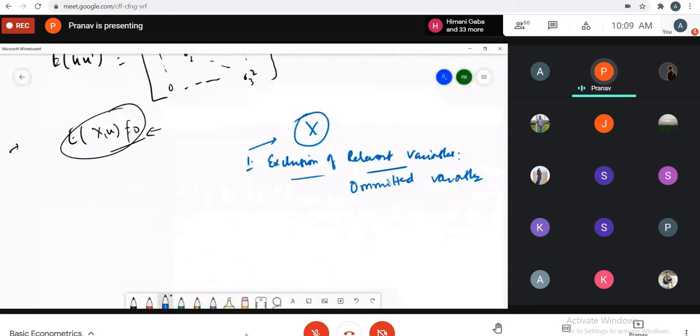Now, this is a very, very serious problem which we'll discuss when we come to this particular part of specification error. The problem associated with exclusion of relevant variables is called omitted variable bias.